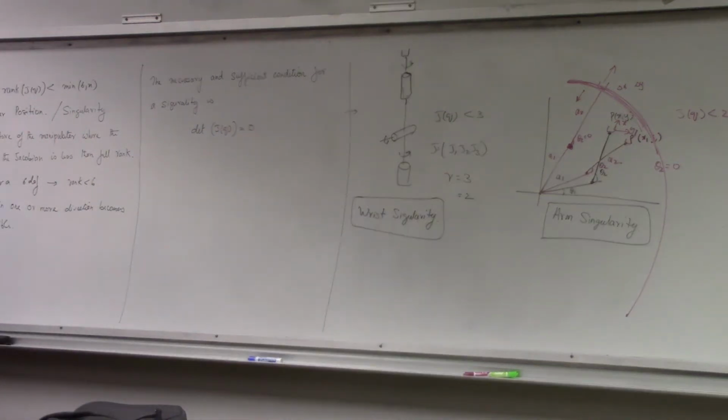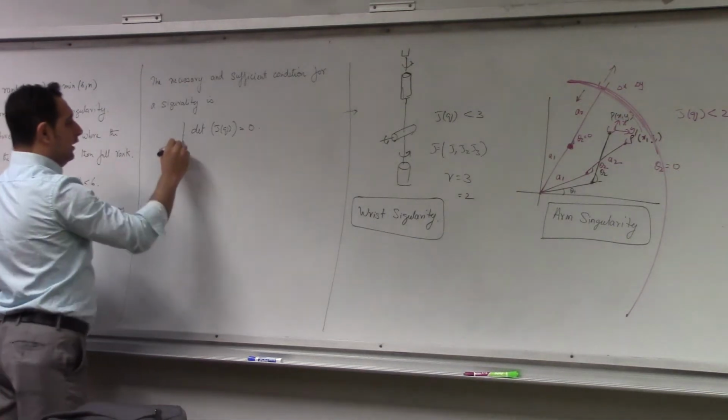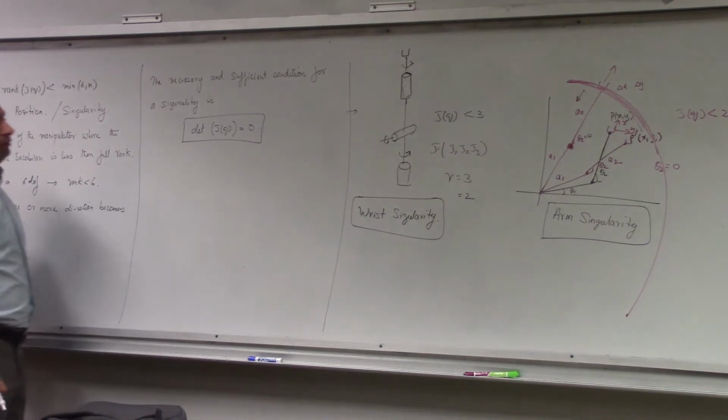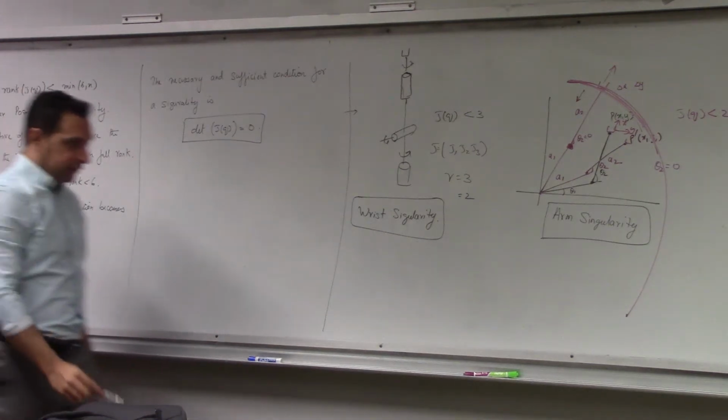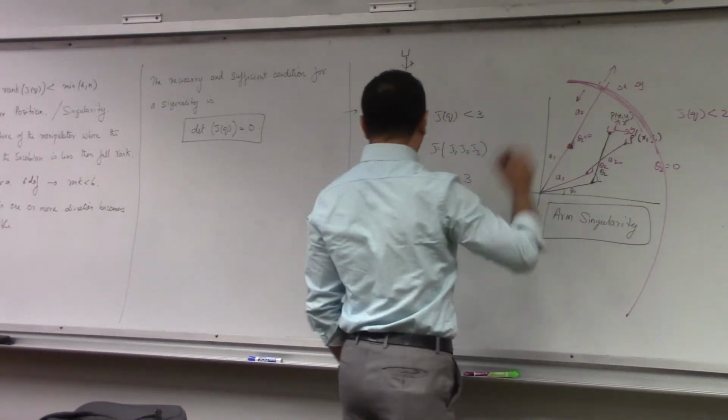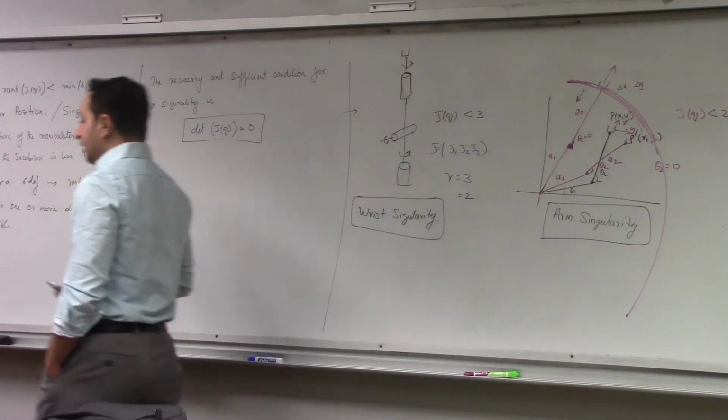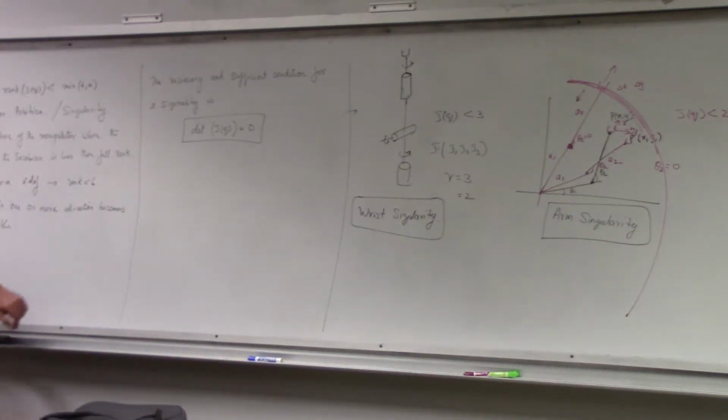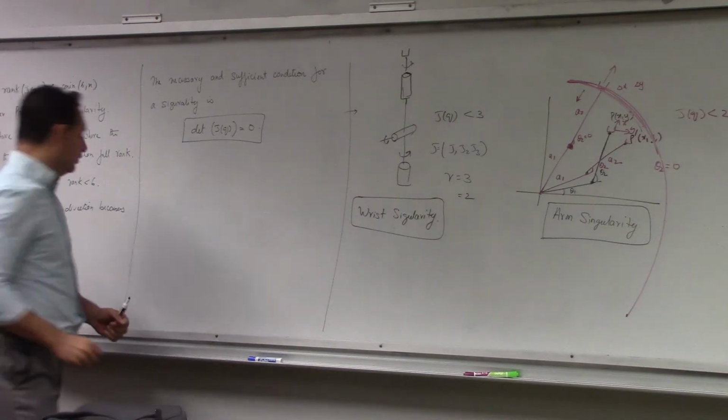If the determinant of the Jacobian is equal to 0, that means that this is a singular posture. So when I calculate the determinant of the Jacobian, you will find that det of J is equal to 0. So let's take this example and find out at what position a 2 degree of freedom manipulator will be singular. We have the Jacobian for a 2 degree of freedom arm.